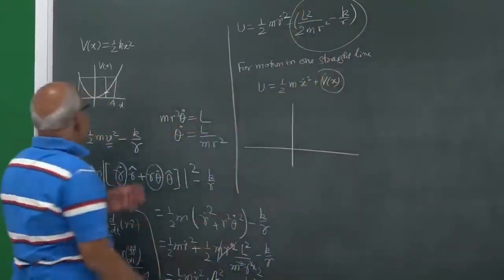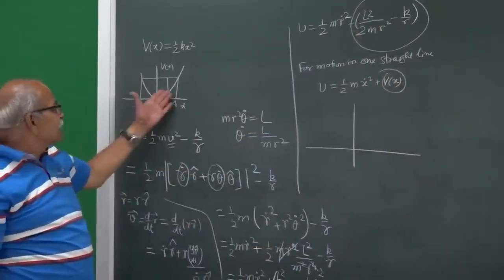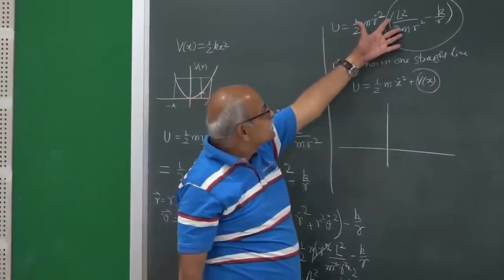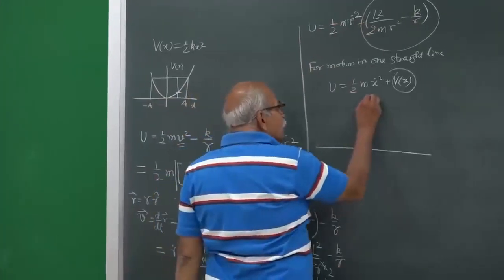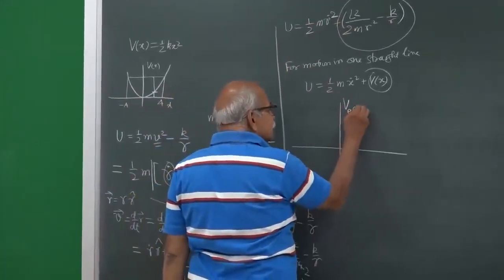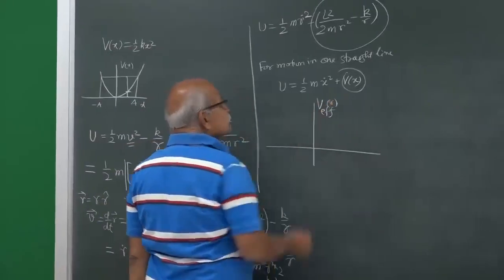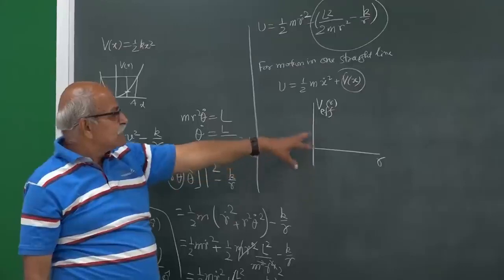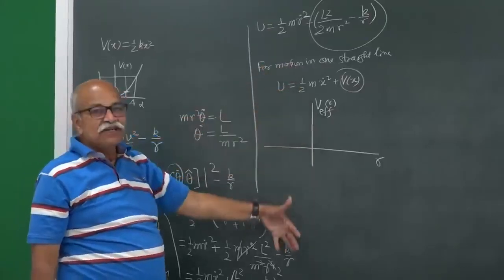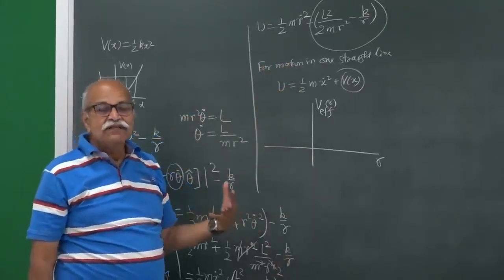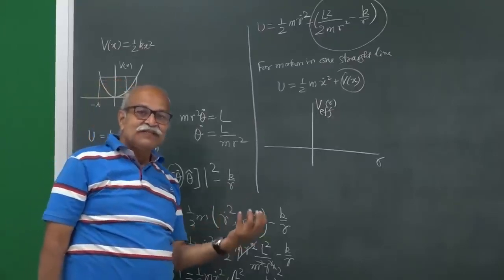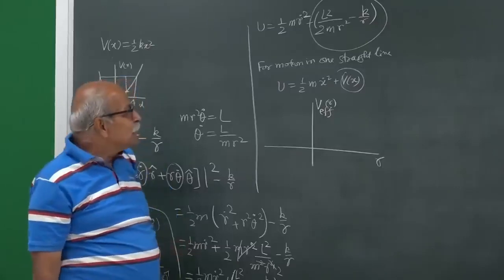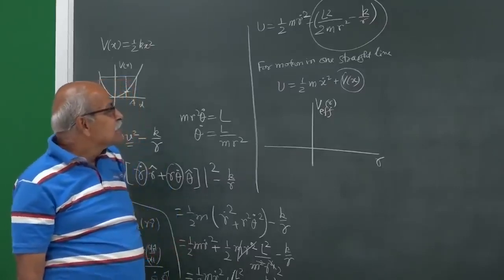Here we plotted V(x) and derived the equations. Here we plot this quantity, which we call V effective, as a function of r, and from this we can derive several pieces of information about the inverse square attractive motion of a particle. So how do I plot this?